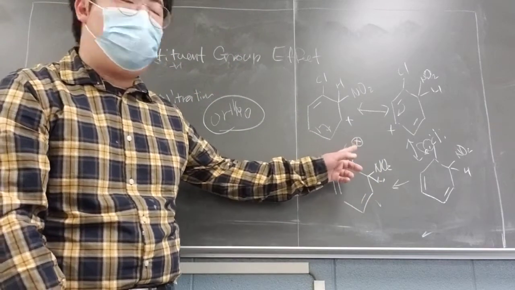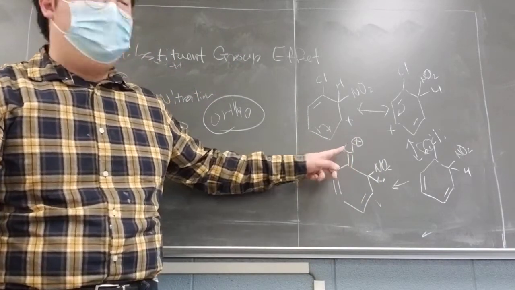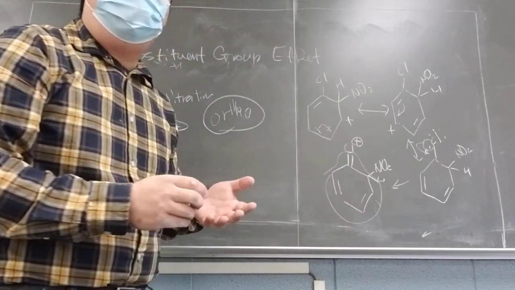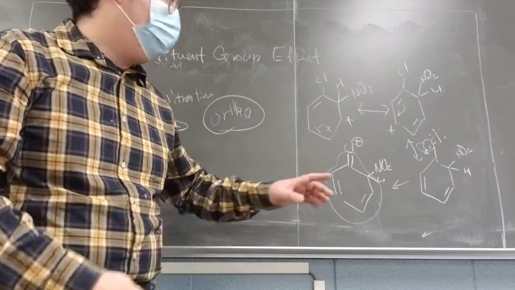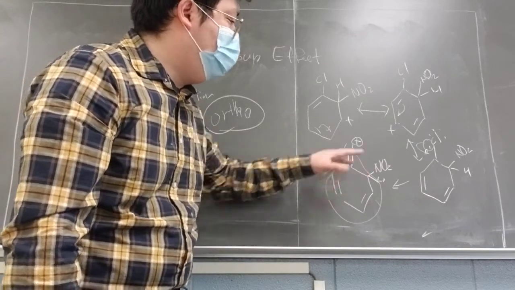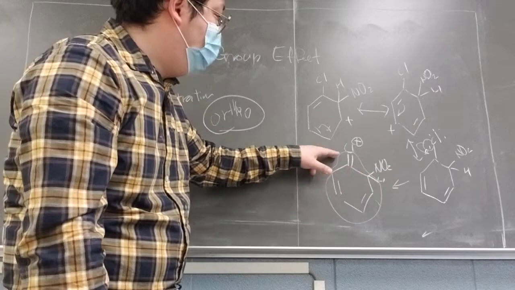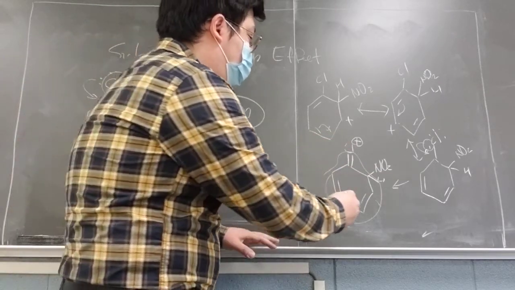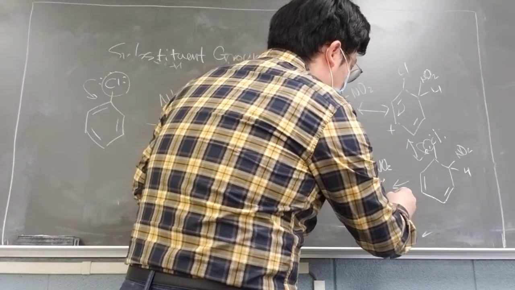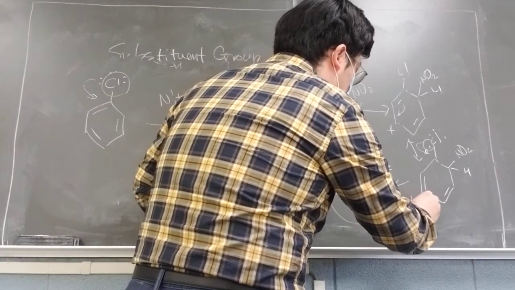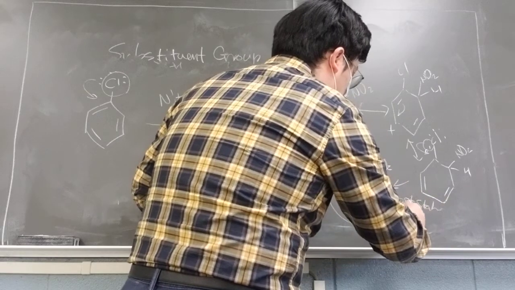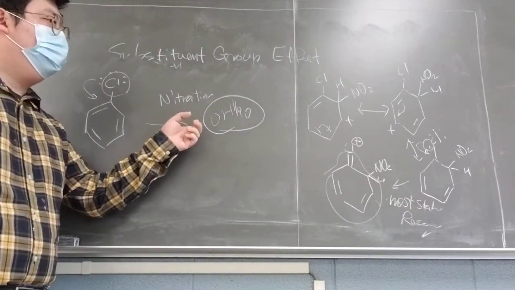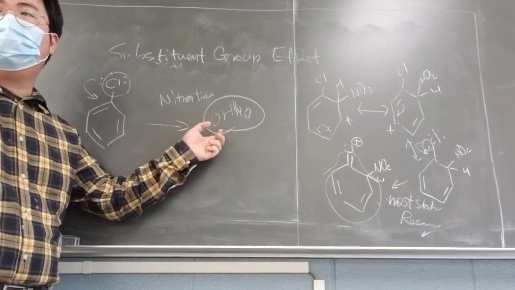So the positive charge is now on the chlorine. That makes this part of your ring structure more stable, because you don't have a cation in the ring anymore, right? It's now on the halogen. So that's why this will become a more stable resonance structure. Okay? So obviously this will prefer the ortho position.